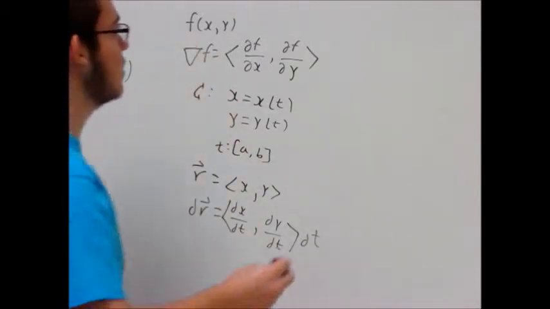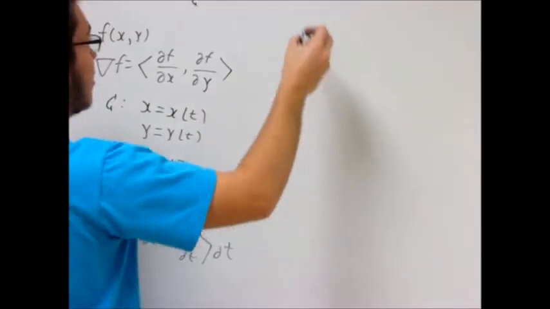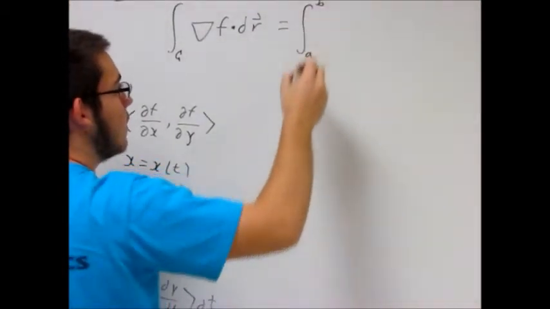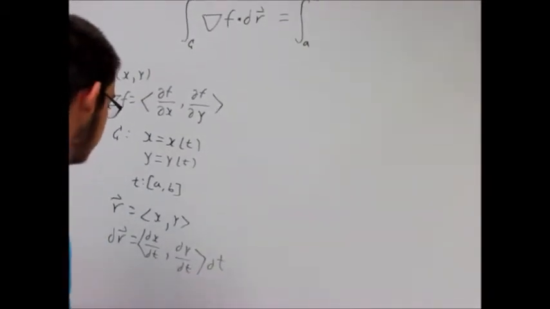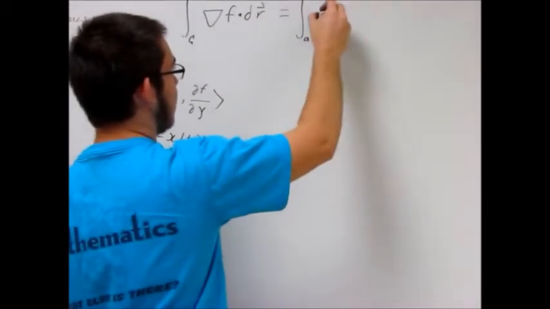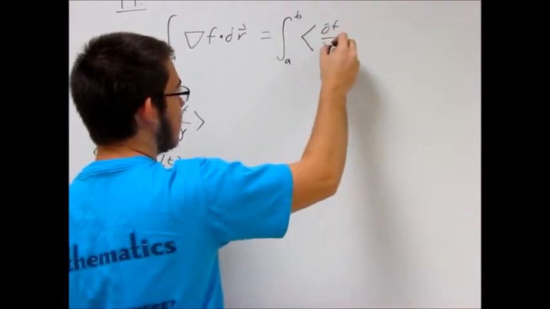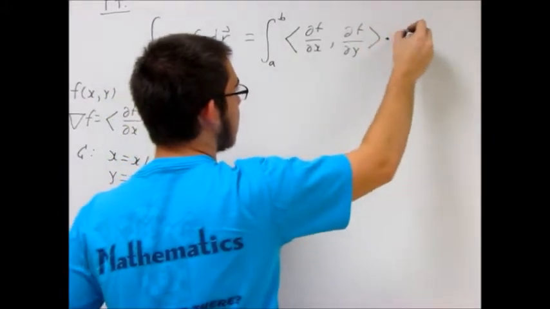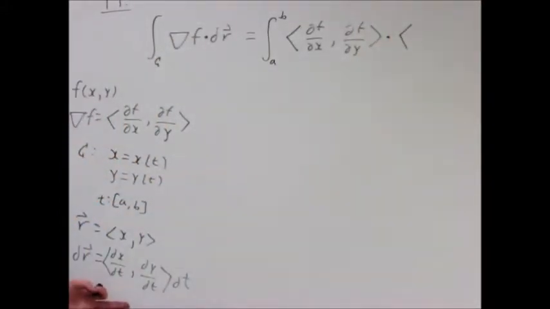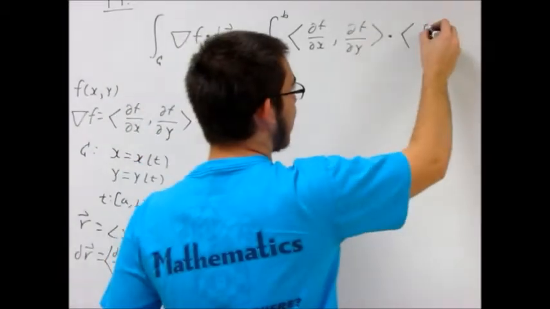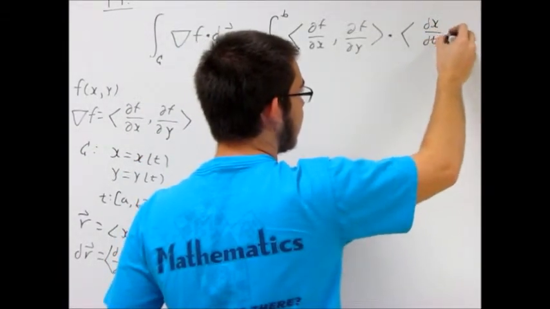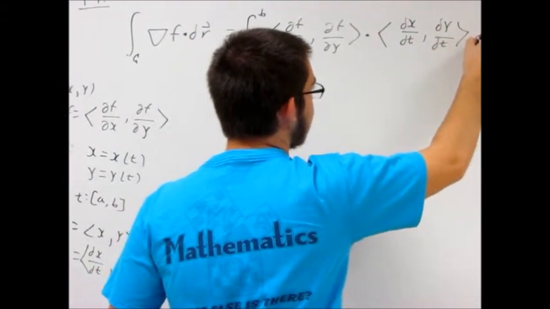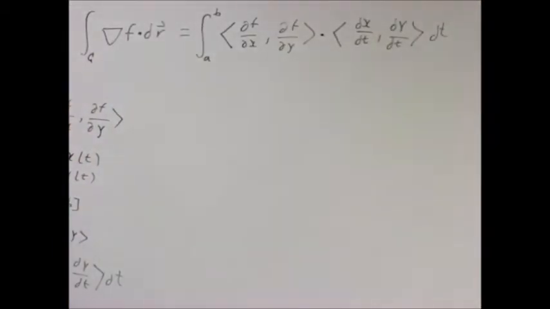So now we can substitute this and put everything in terms of t. So now t will go directly from a to b. And so this is going to be the partial derivatives dot product with what's dr, which is the derivative of x with respect to t, dx over dt, and dy over dt, and then all with dt at the end.